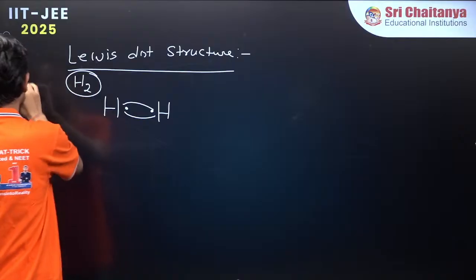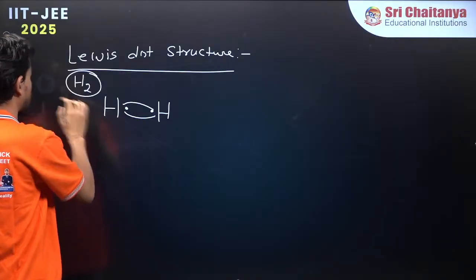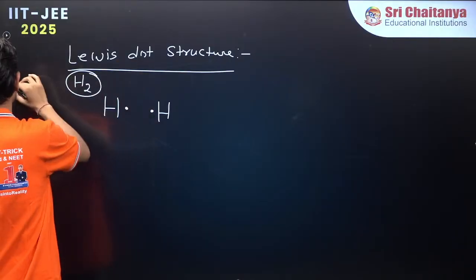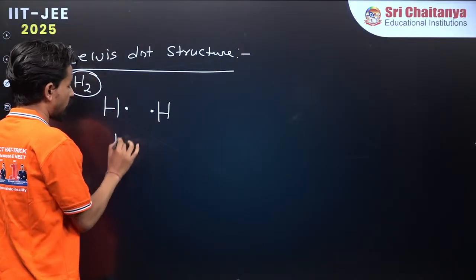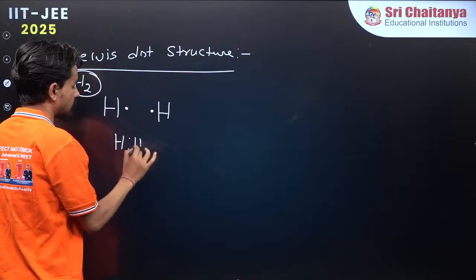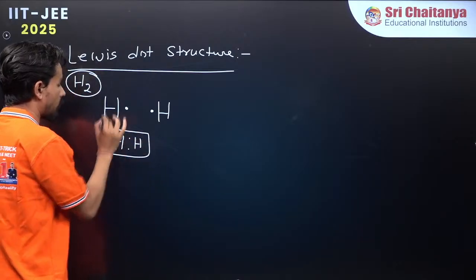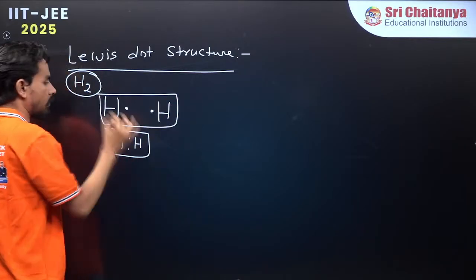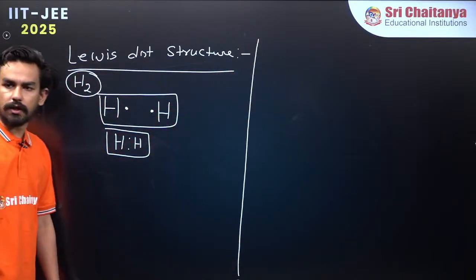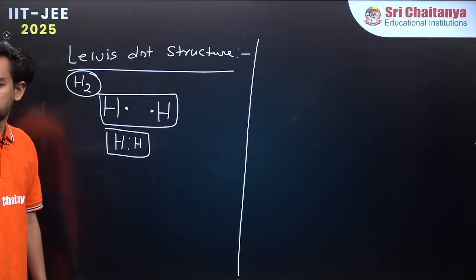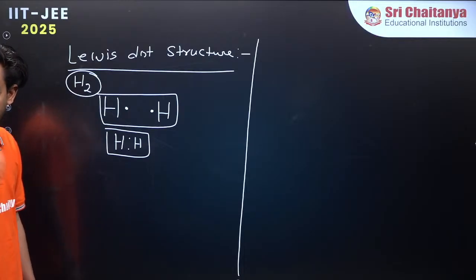There is no need of drawing a bracket-like thing also. Or we can more properly write it like this. Both are correct, no problem. This is the Lewis dot structure for H2.